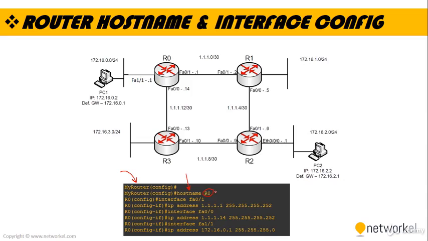As soon as I press enter, as you can see, the host name changed to R0. If I want to configure the interface, I need to go to interface mode by typing interface and the name of the interface, which is FastEthernet 0/1 for this one. And I type ip address, the IP address of the interface and the subnet mask of the interface.